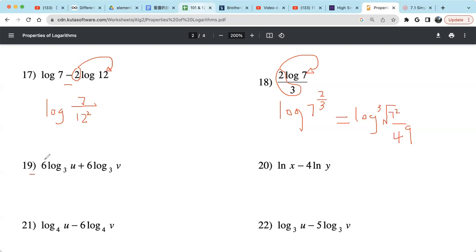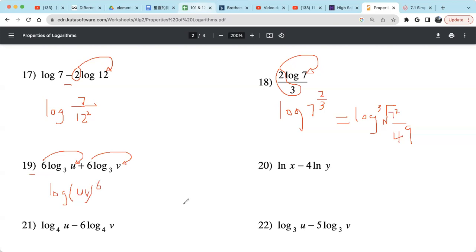For 19, 6 goes to be the exponent of u. This 6 is going to be the exponent of v, right? And we want to do a single log. So we combine the sum as a product. It's log of u v both raised to 6. Right, u times v both raised to 6.